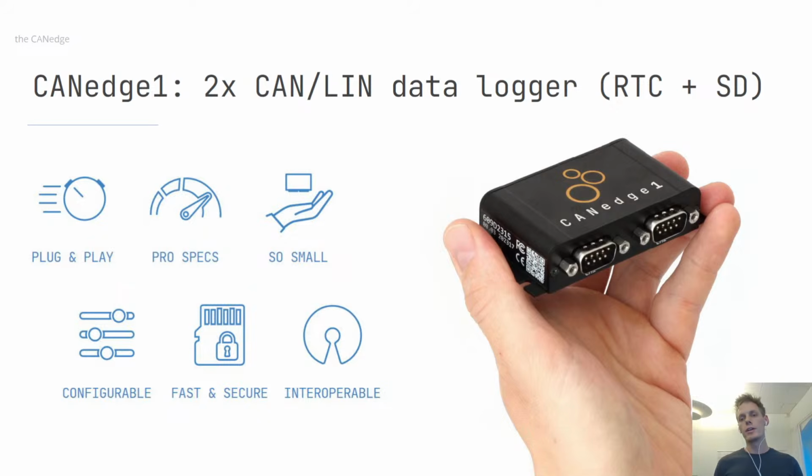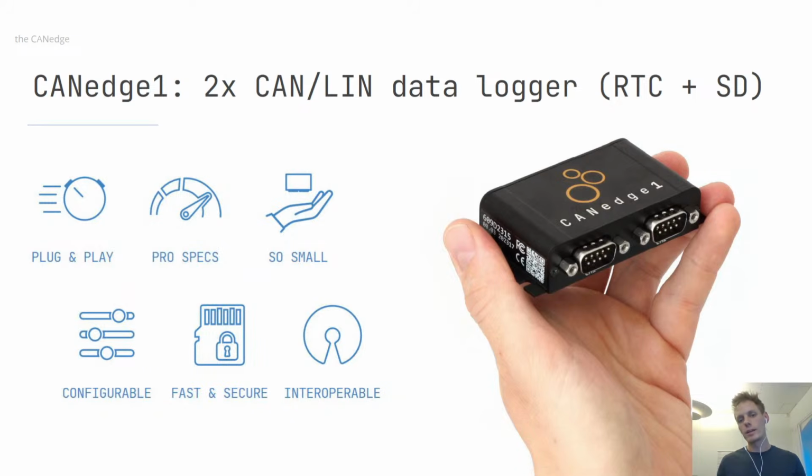This device is effectively our way of designing a device that is both extremely easy to use, meaning that it should be so plug and play that anybody should be able to use it. That means when you take the device out of the box and connect a suitable adapter cable to your CAN bus, the device powers on and it will just start logging the data.